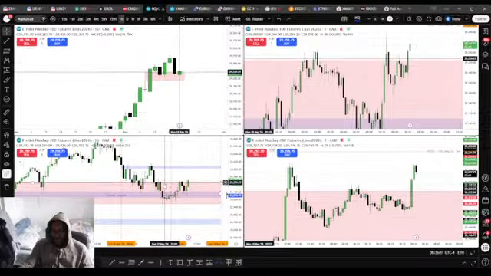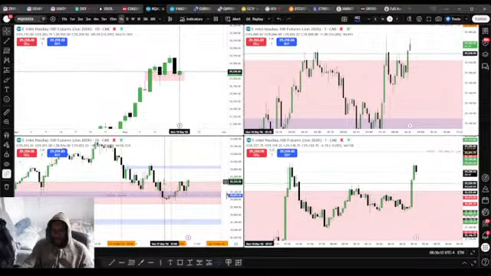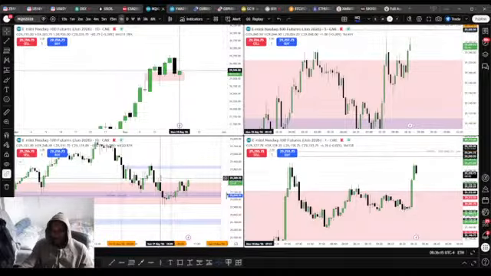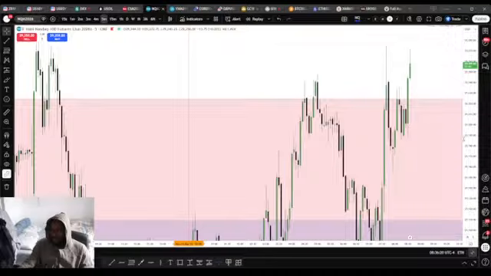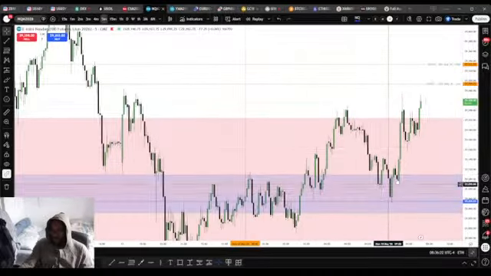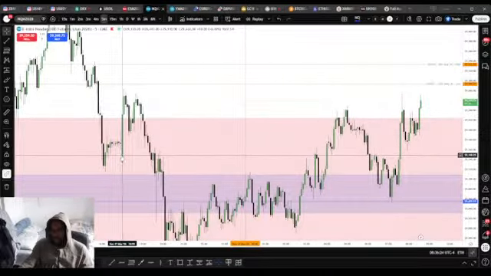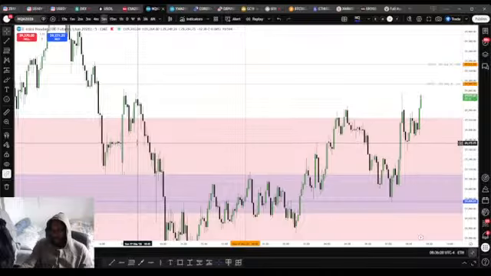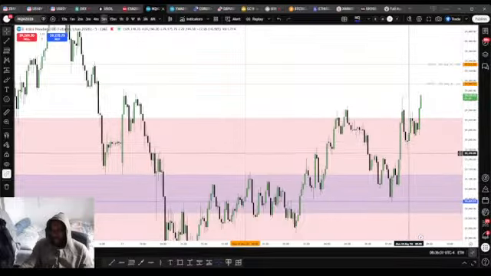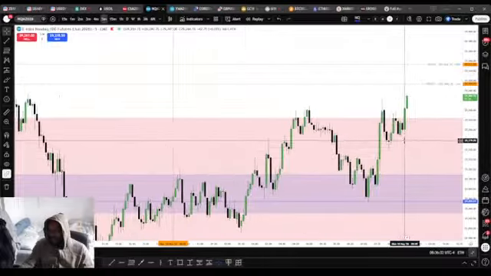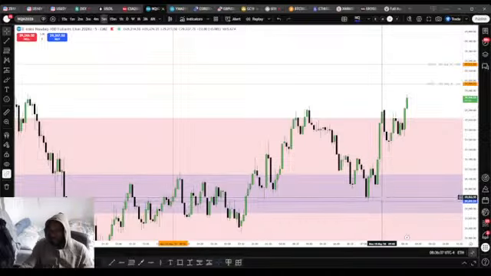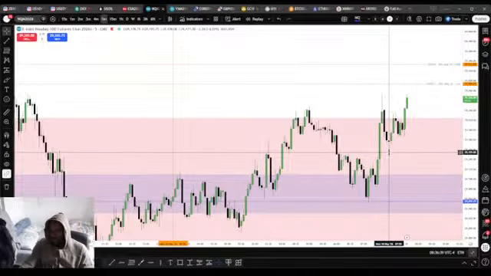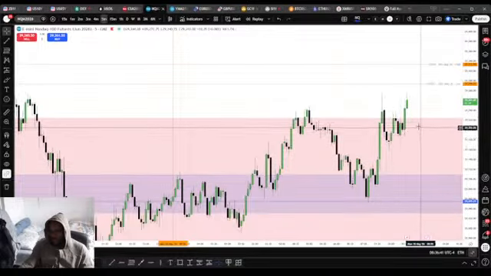So now we have a new week opening gap there. Spike back down into that area there. That for me, no entry.